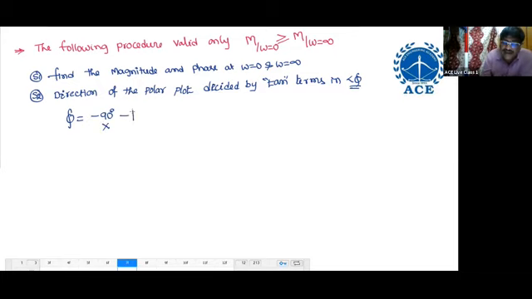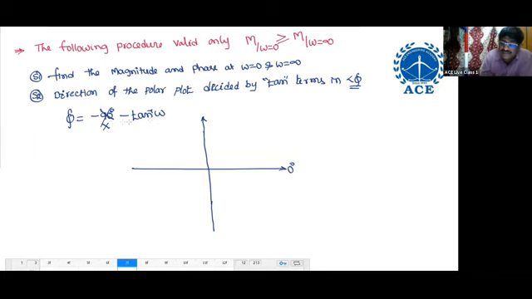If I write minus tan inverse omega, what is the direction? Omega 0 means 0 degrees.